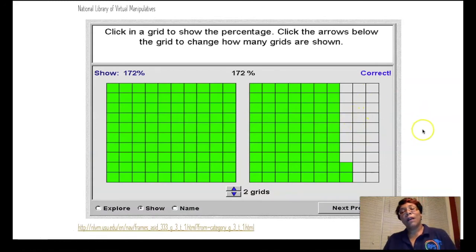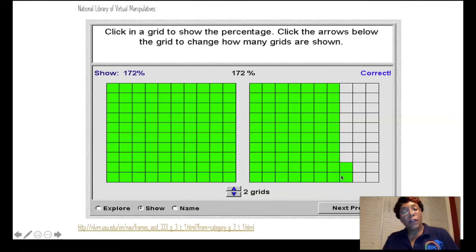Now, remember we were talking about percents being out of 100. But if it's over 100, that means we're going to have a whole grid full plus part of another grid. So this tells us 172%. Whole grid 100% plus the other part of this one, which is the 72%.